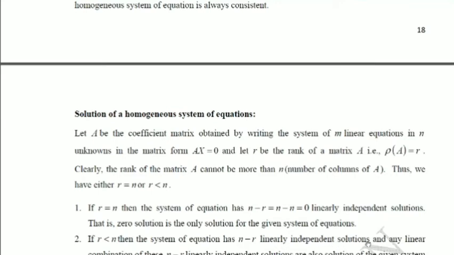That means those solutions are independent of each other, and there are n minus R of them. Using these n minus R linearly independent solutions, you can make infinitely many combinations, and all of them will be solutions of our given system of equations.